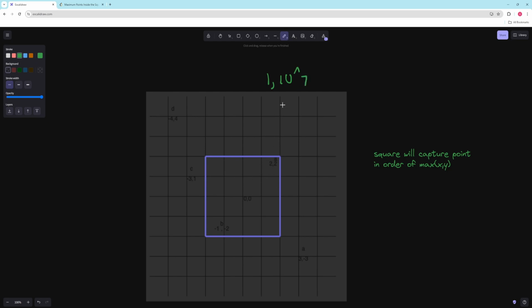Anything with a big side length of less than 1,000,000, I can include in my square without including this guy. So if I have something like 1,000,000 minus 1 and 1,000,000 minus 1, positive or negative, then I can capture this point before this point. So that's how you can sort your points.